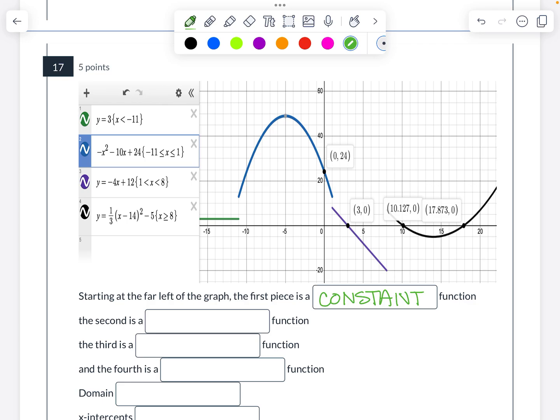I know it's a constant because if I look at the graph, it's a horizontal line. If I look at the equation, there's no x. So if there's no x, it has to be a constant. That's the definition of a constant.